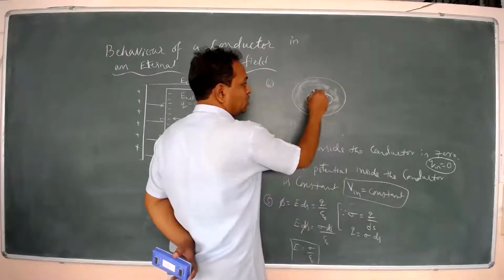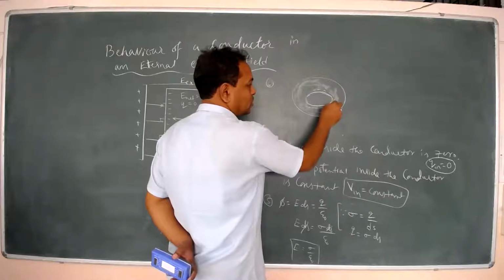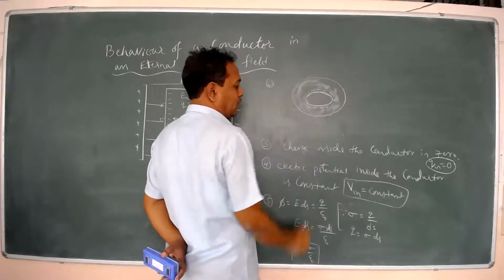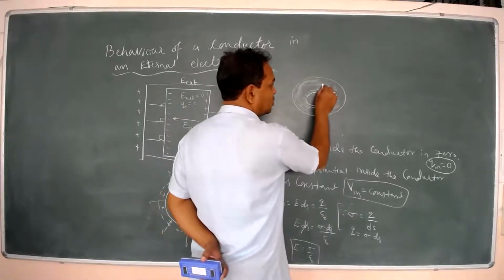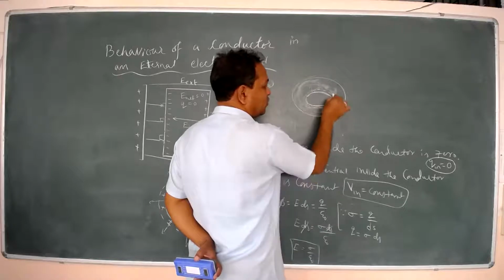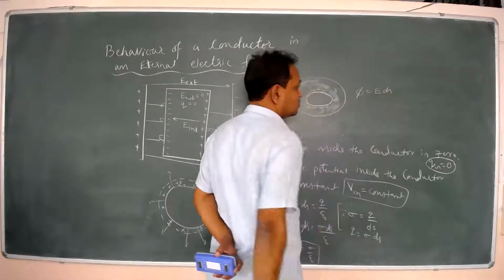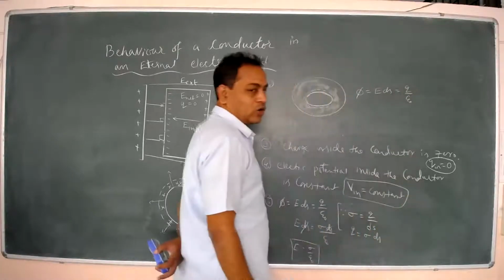If I assume here one Gaussian surface, then according to this formula, what is the electric flux coming outside through this surface? The formula is flux equal to E into ds, which is equal to charge by epsilon naught according to the Gauss theorem.